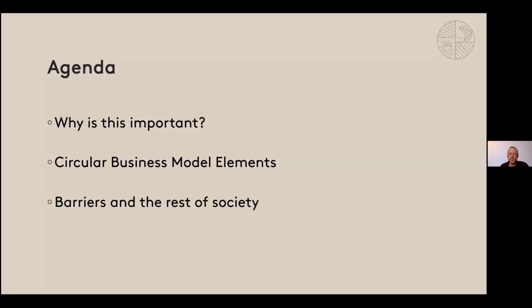I'm going to explain different elements in different circular business models that can be taken and used in different contexts. Then I'm going to talk about the barriers. We call it the barriers, and the rest of society was like the context. What is it that other actors can do to try to force these business models and push them forward? So that's the agenda.